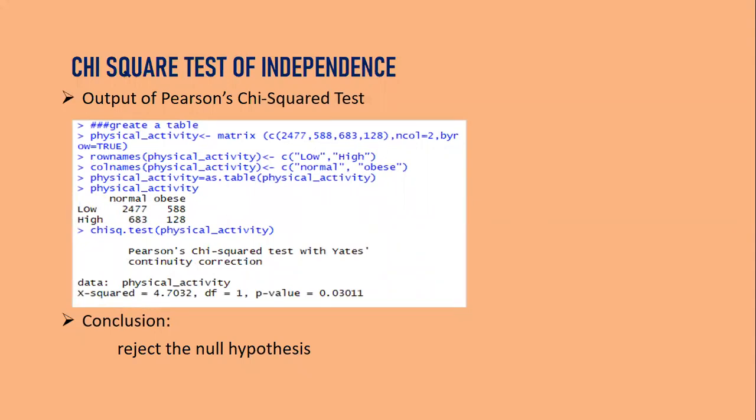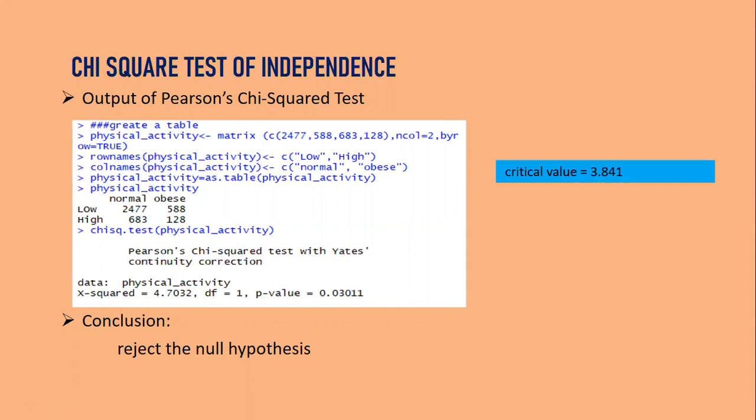The chi-square equals 4.7 and the degree of freedom is equal to 1. The critical region can be found in the chi-square distribution table with degree of freedom equal to 1 and significance level of 0.05. The critical value is approximately 3.841.